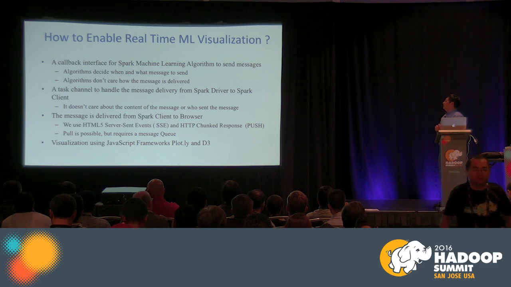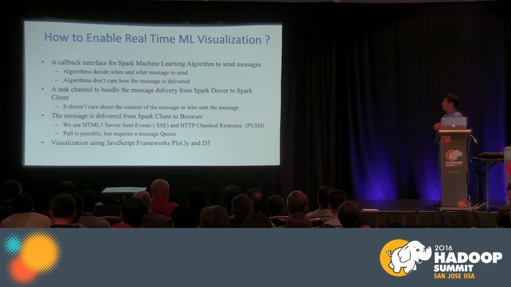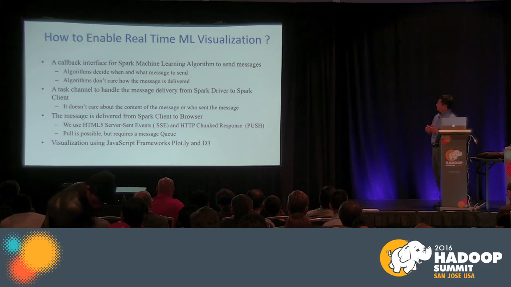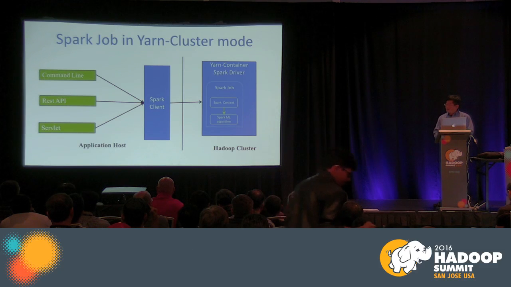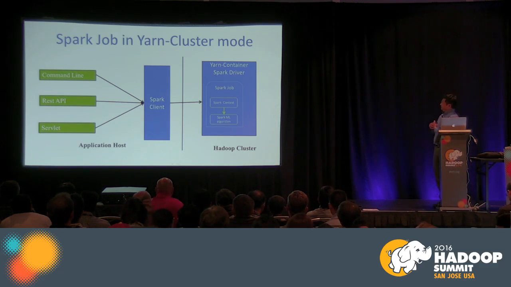The push method we're using is server-sent events (SSE) and also HTTP chunked response, which essentially forms a streaming push. We'll discuss push and pull later in the later slides. And then finally, we're using D3 and Plotly to do the visualizations. So here's another overview of what I just talked about.